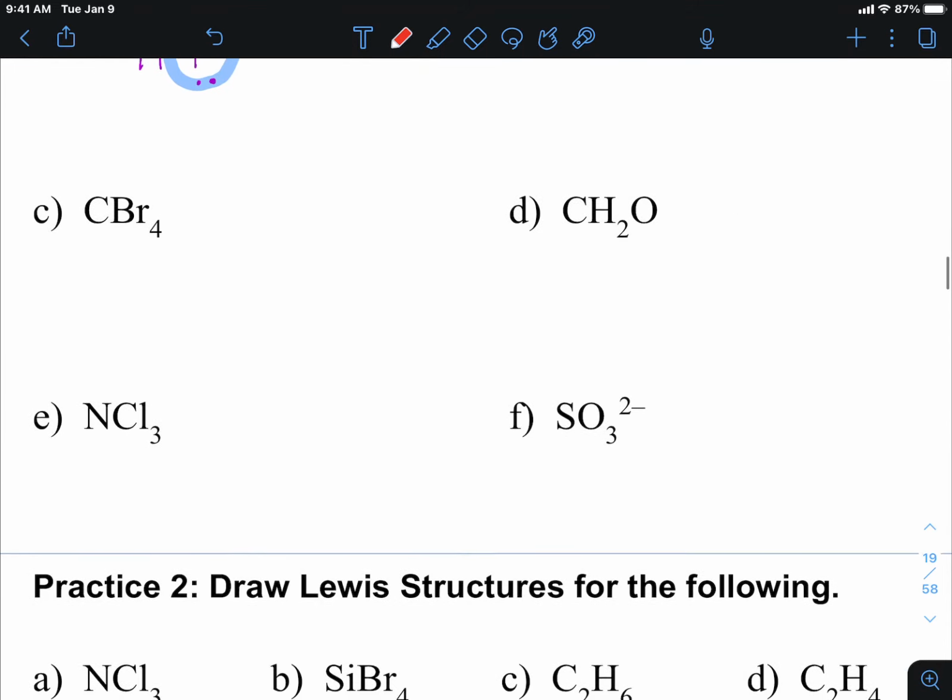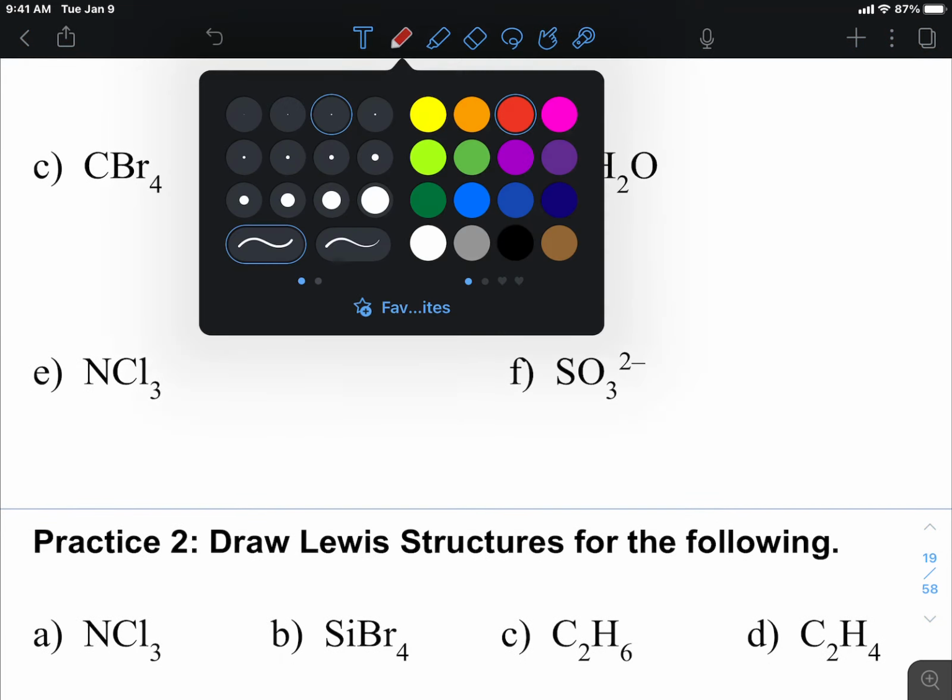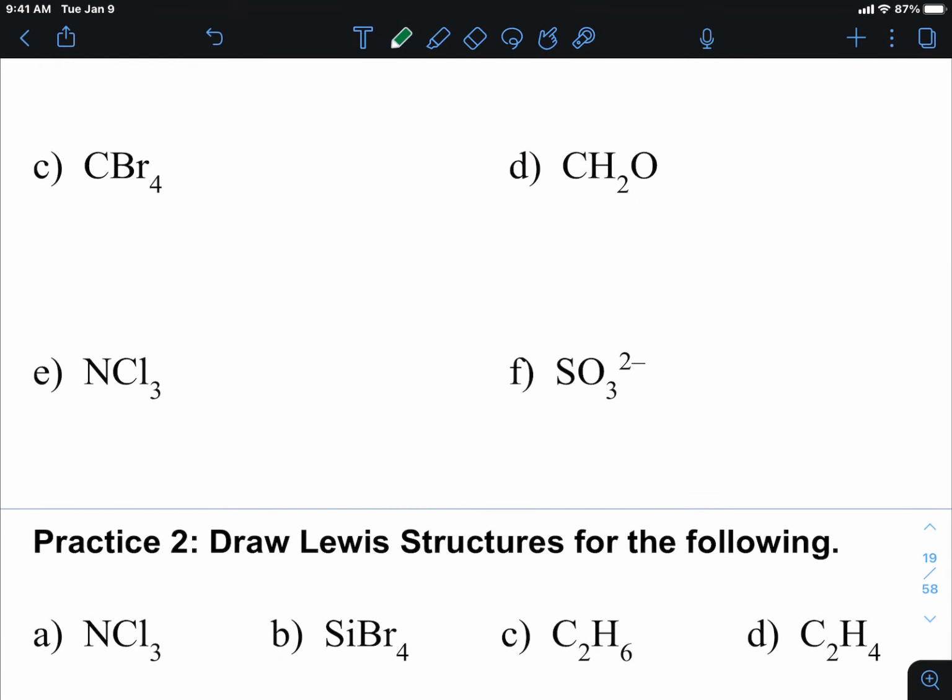Let's try the next one, carbon with bromine. Okay, valence electrons in carbon, 4. Bromine has 7, but there's 4 bromines. So 7 times 4 is 28, plus 4, that's 32. Now we have 32 valence electrons to use. It's more than the last ones, but doesn't make it any harder. Okay. Symmetrical arrangement.